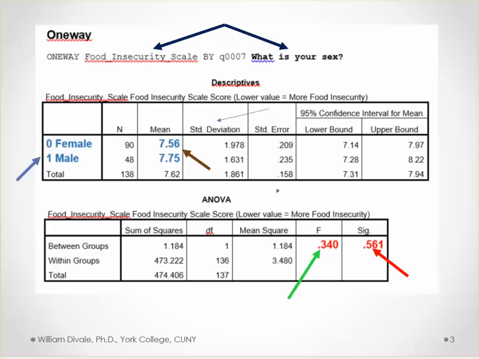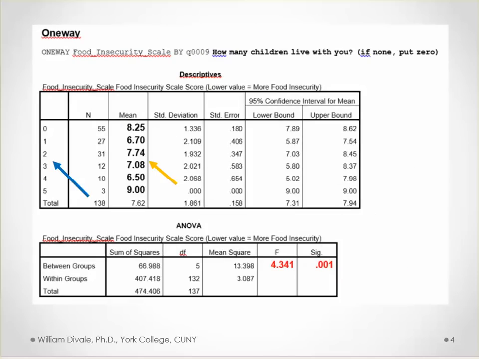Okay, now this is the difference on food insecurity scale by sex. So let's look at the next one, which is how many children live with you. If we look at the blue arrow, that points to the number of children that's been reported, 0, 1, up to 5. The orange arrow is the average food insecurity score of those people.